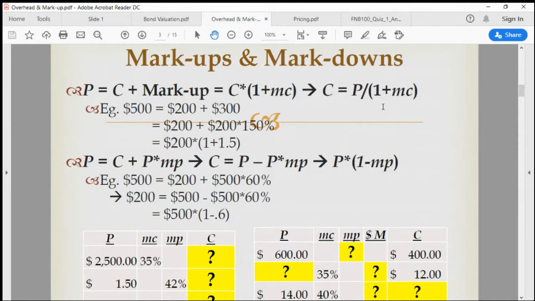Then what's going to happen to the share value of the company? It will plummet. It will take a nosedive, right?